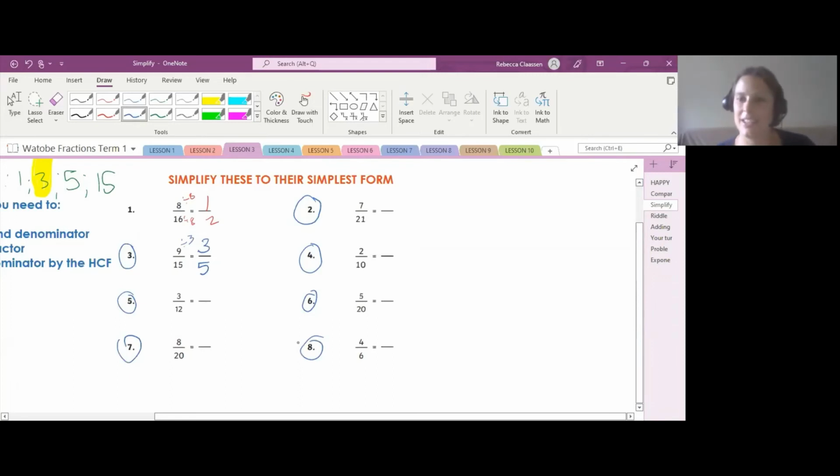We only multiply or divide. You're dividing because we're simplifying. Simplify means we divide.